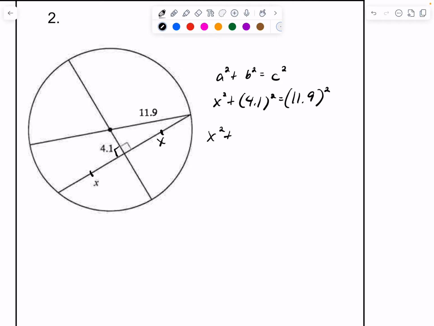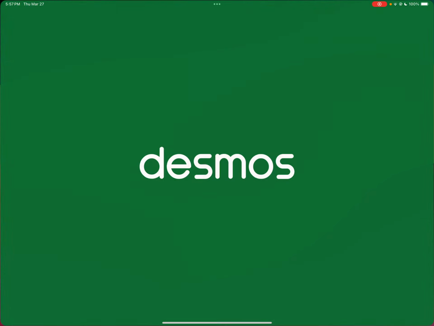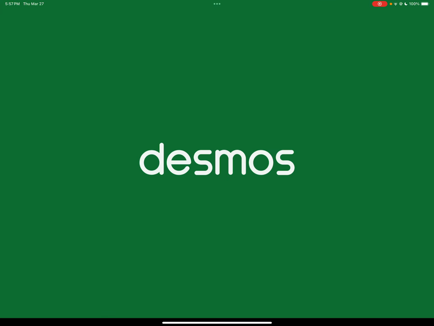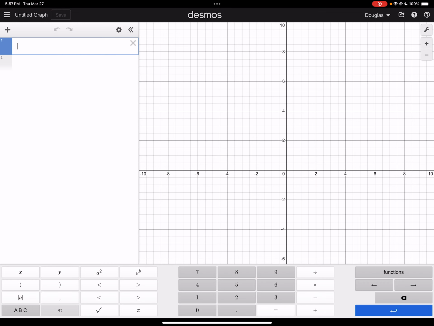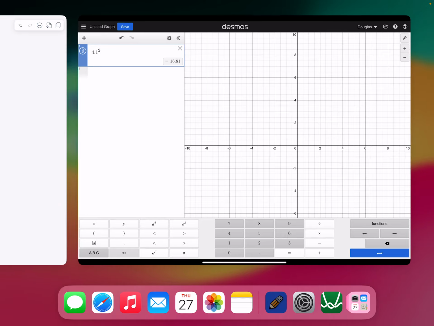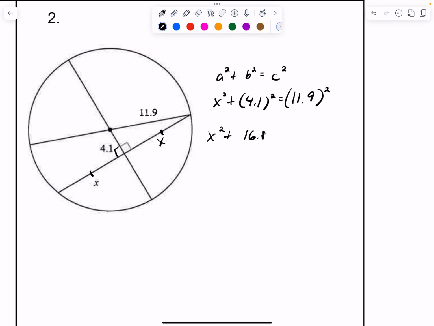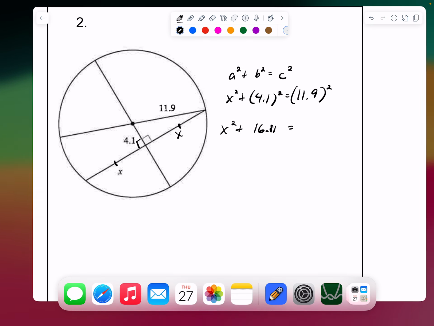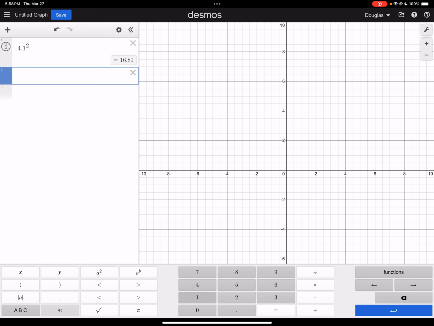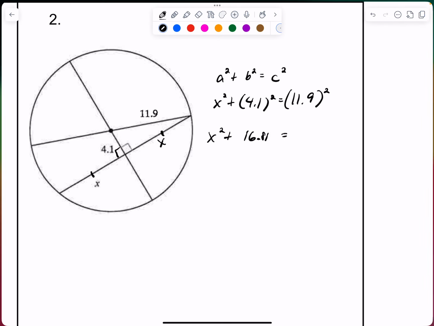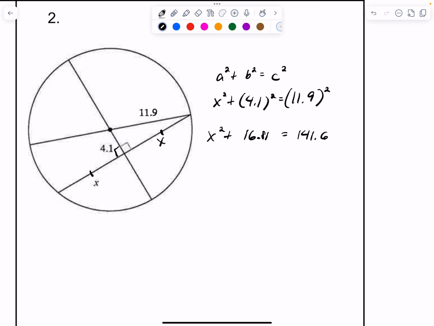Now, with this kind of problem, I would expect you to use a calculator. So we have 4.1 squared, which is exactly 16.81, equals 11.9 squared, which is 141.61. I'm going to subtract that 16.81 to the other side.